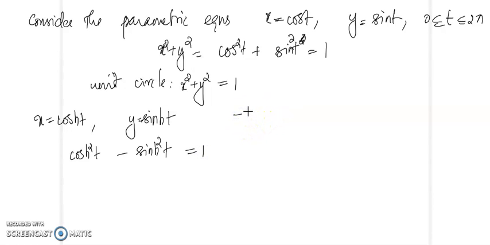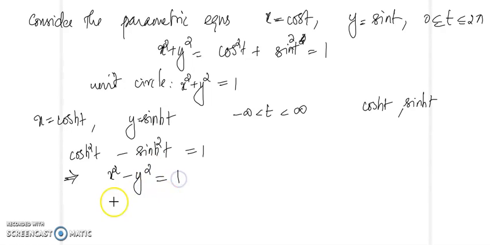Here you have t varying from minus infinity to infinity. Your functions cosh t and sinh t are both well defined, with domain minus infinity to infinity. So this identity holds for the hyperbolic functions. That means you will get x square minus y square equal to 1.